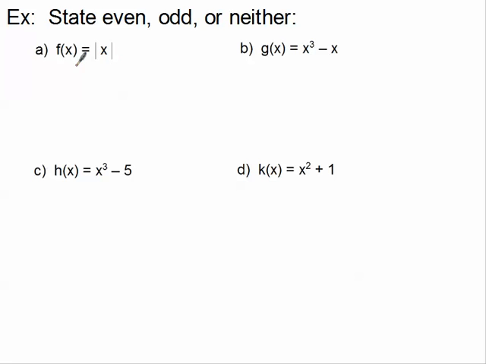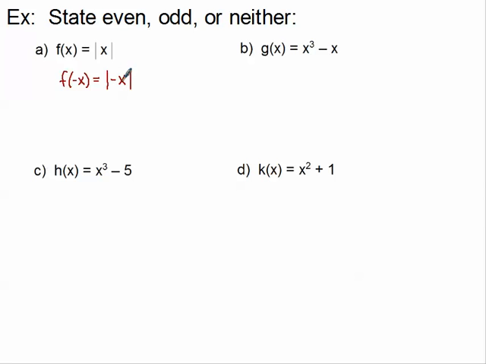The way to test to see if it's even or if it's odd, we're going to take f of x and we're going to test what f of negative x would look like. F of negative x would be taking the x that's in the absolute value bars and replacing it with negative x. But we all know that regardless of what's inside our absolute value bars, it's going to make this quantity stay positive or equal to 0.